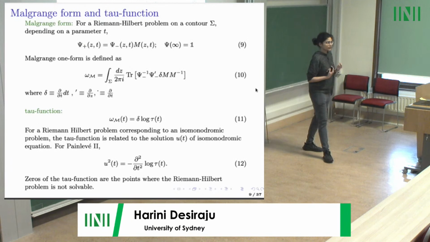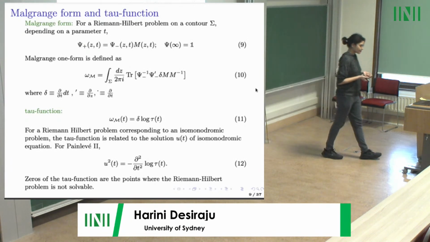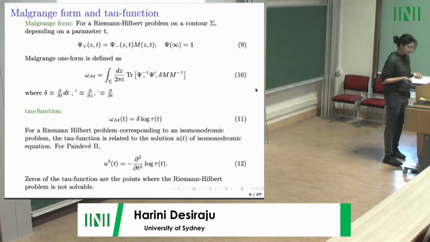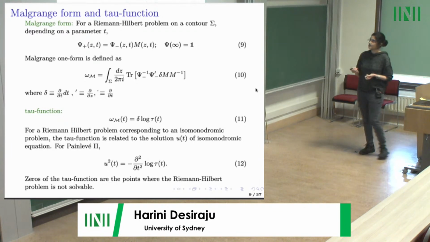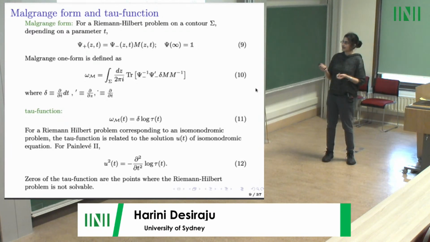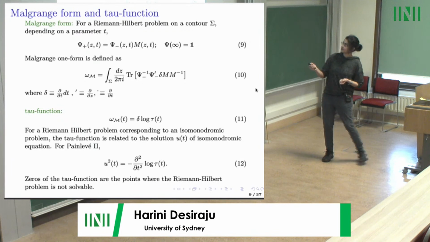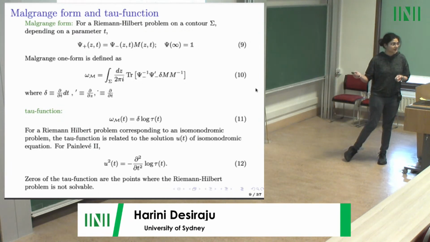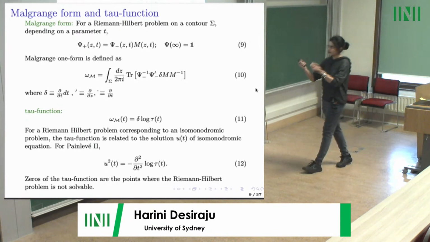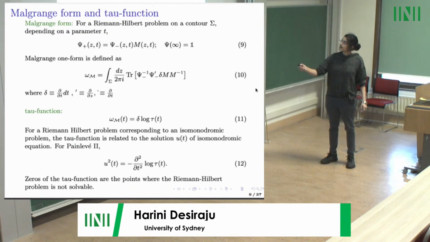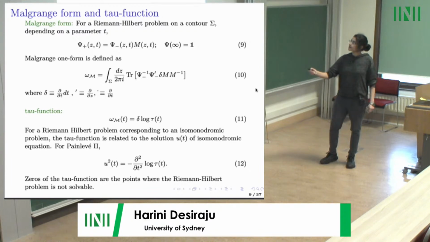Now for the tau function. In the theory of integrable systems, a very important notion is played by tau functions. And the story starts like this. Now, it must be a bit overwhelming to see 3 definitions, but these are all the same, and I'll go into the details in a minute. So you start with the Riemann-Hilbert problem, and for any such problem, you can define a Malgrange one form.